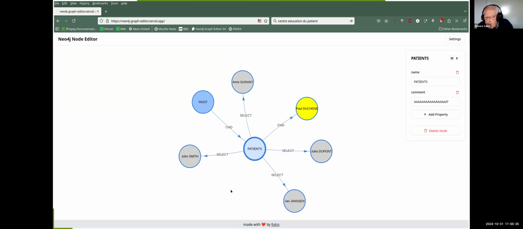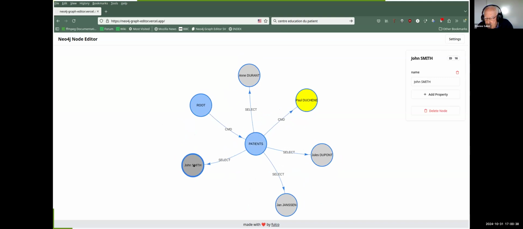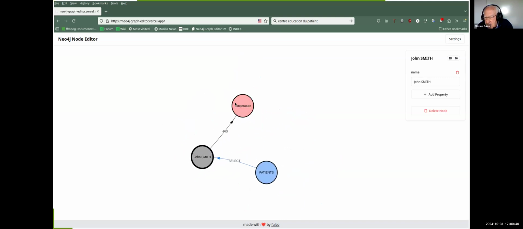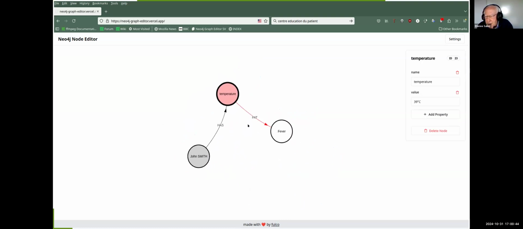You have a patient, you select one, there is a link to temperature, there are links to fever. That is something useful for humans, and that is also something useful for computers, because in medicine we do not need artificial intelligence, we need assisted intelligence.